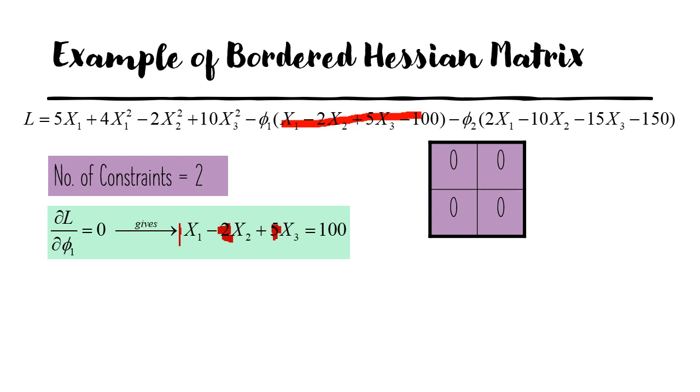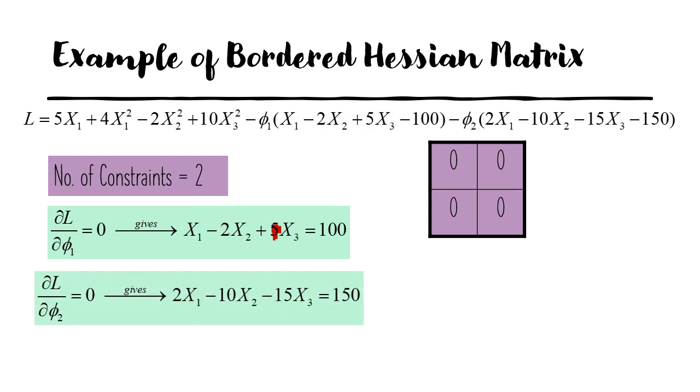Similarly, let me go for dou L by dou phi 2. In that case, you will get an equation something like this: 2x1 minus 10x2 minus 15x3 is equal to 150. So my coefficients here are 2, minus 10 and minus 15.